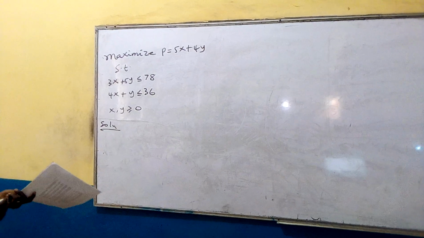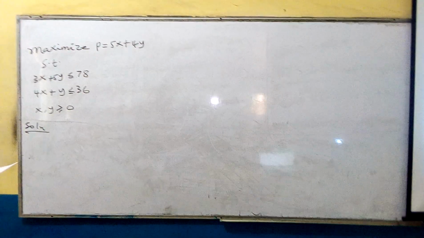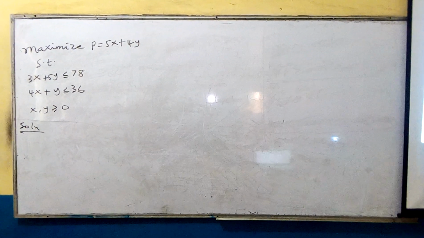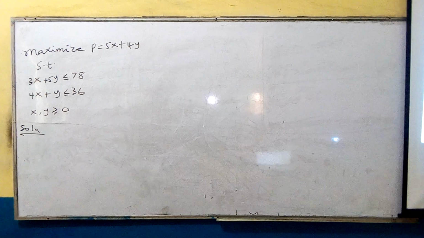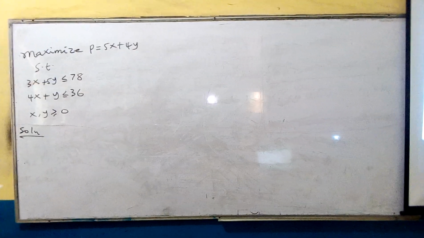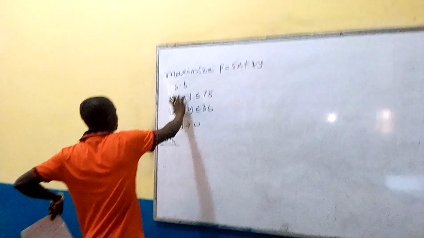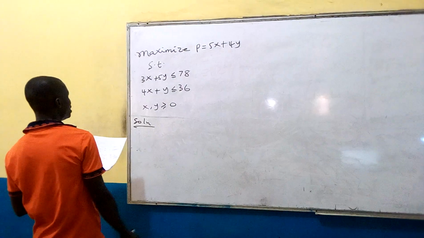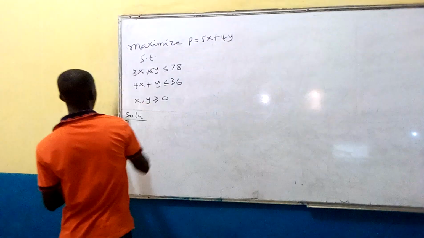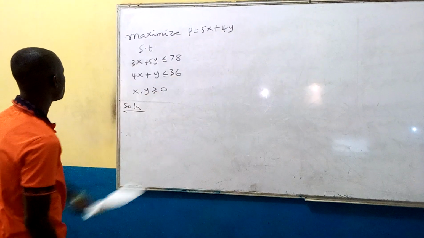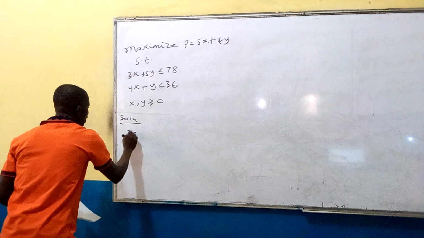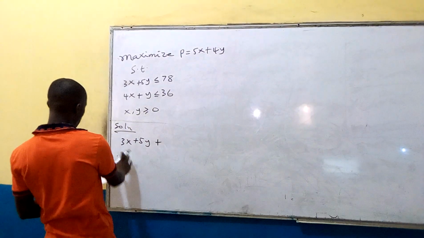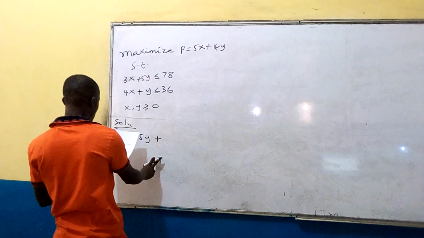And the first step we look at is to rewrite the problem in a standard form by introducing what is known as slack variables. So let's look at the objective function together with the constraints. The first constraint, we have 3x plus 5y. Then we have only two variables, so we can add the next one straightforward.